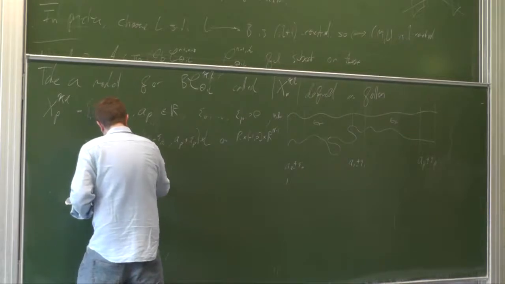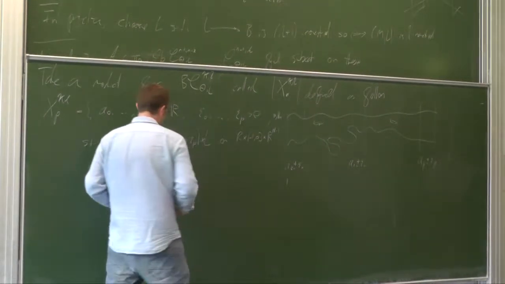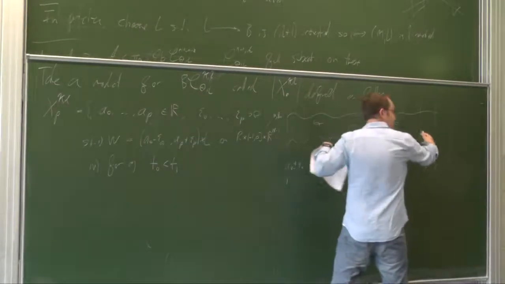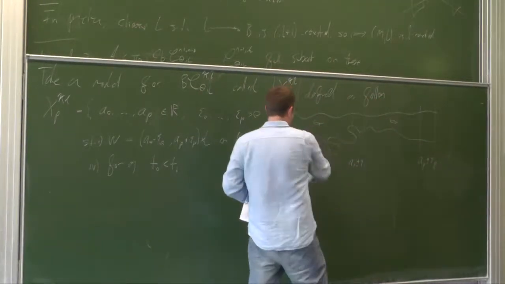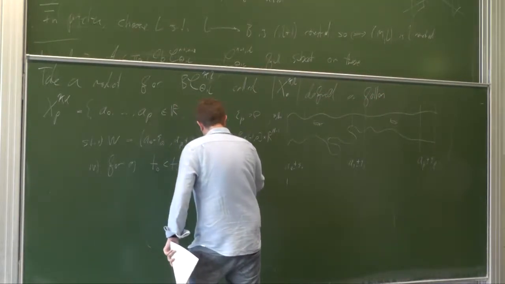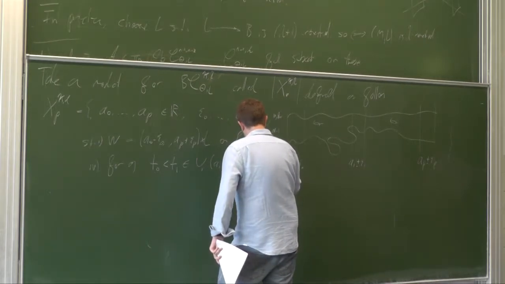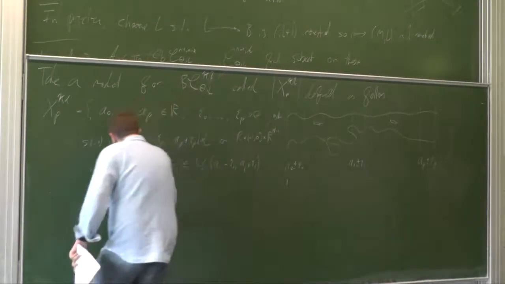Is that for any pair of numbers in the union of these intervals, so I can say T0 in here with T1 in there, which are regular.